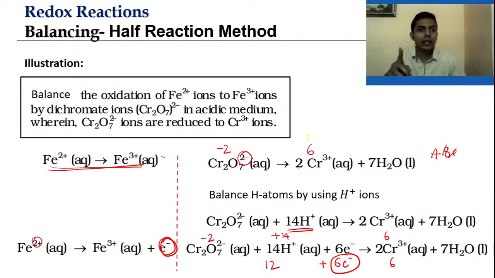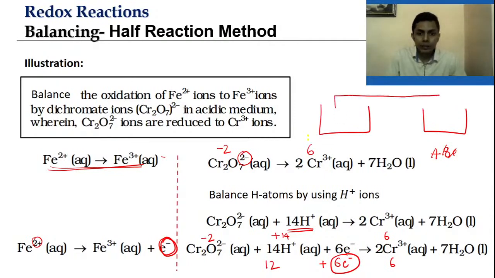Also, in indirect redox reactions, we learned that oxidation and reduction are carried out separately, and the process is completed by the flow of electrons from one container to another. Oxidation is undergone in one chamber, and from there electrons travel to the other to complete it.